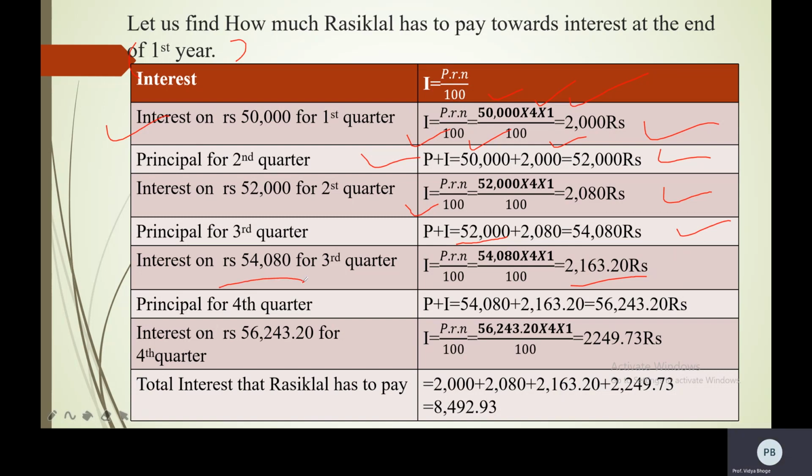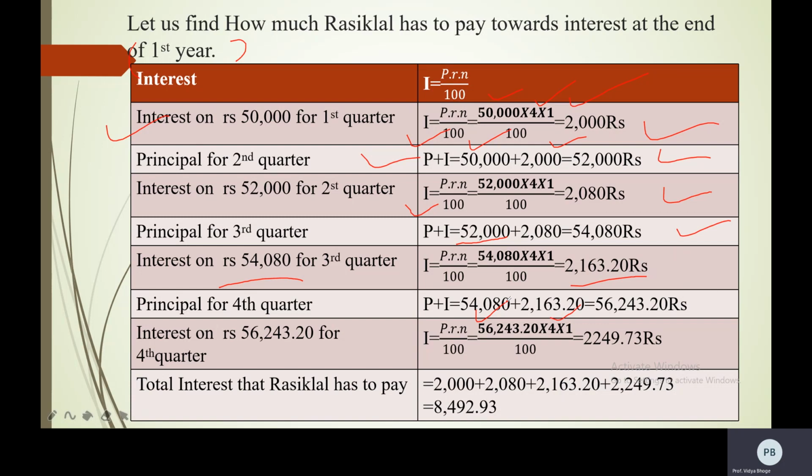We get 2,163.20 interest. Now what is the principal amount for the fourth quarter? P plus I, where the previous interest is 2,163.20 and the principal amount is the third quarter principal amount, which is 54,080.